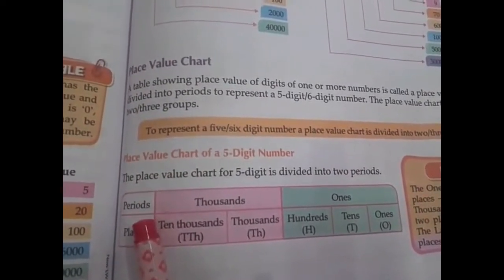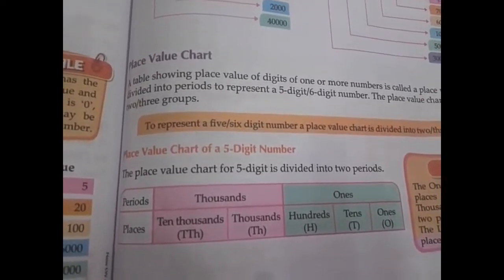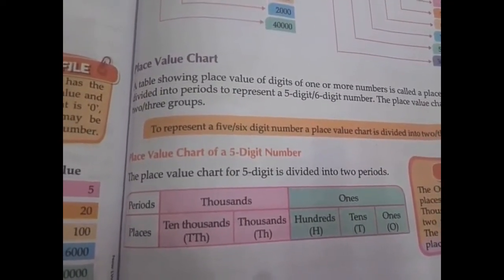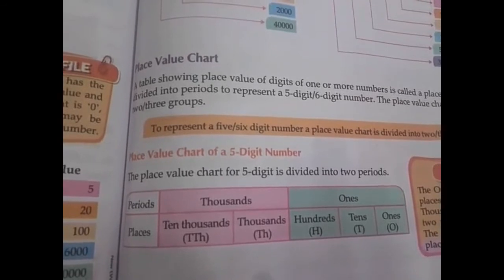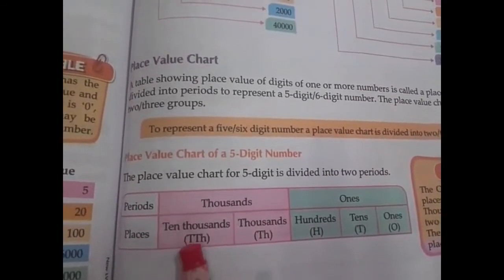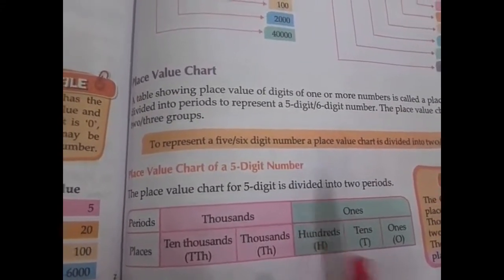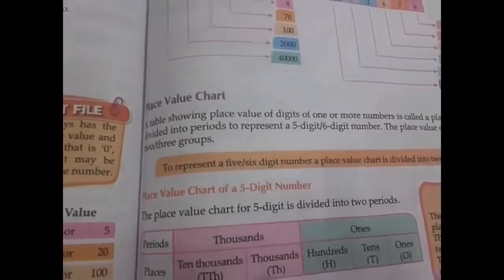Here the periods are thousands and ones. For a 5-digit number there are only 2 periods. They are thousands and ones. In the thousands period we have ten thousands and thousands. In the ones period we have hundreds, tens and ones.